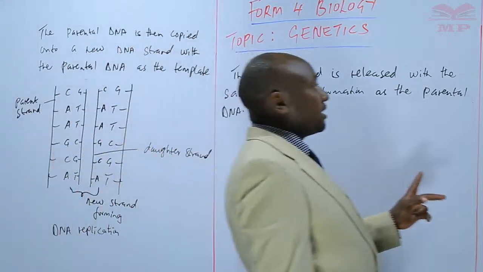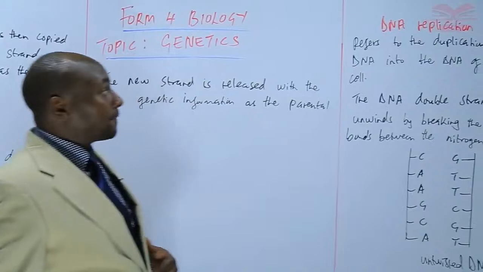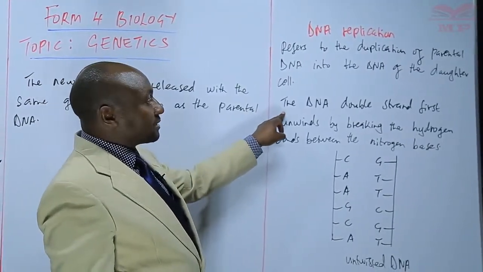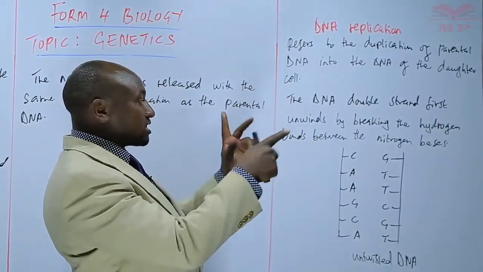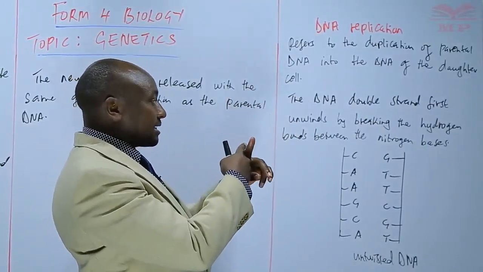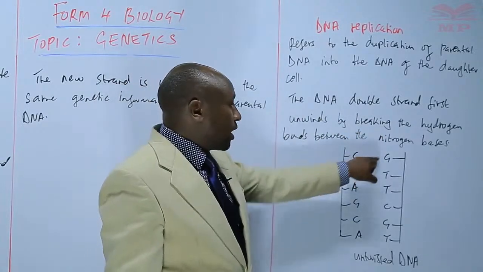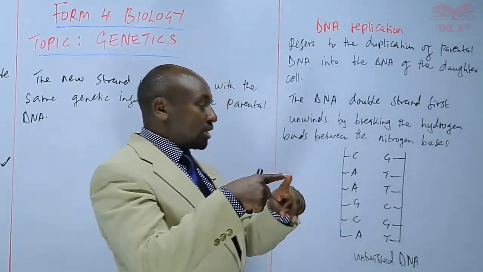So we are saying that DNA replication is the duplication of the parental DNA into the DNA of the daughter cell. And it starts by the DNA, first of all, unwinding. Remember, it's a twisted double helix. It unwinds by breaking the hydrogen bonds that were bringing the two strands together.